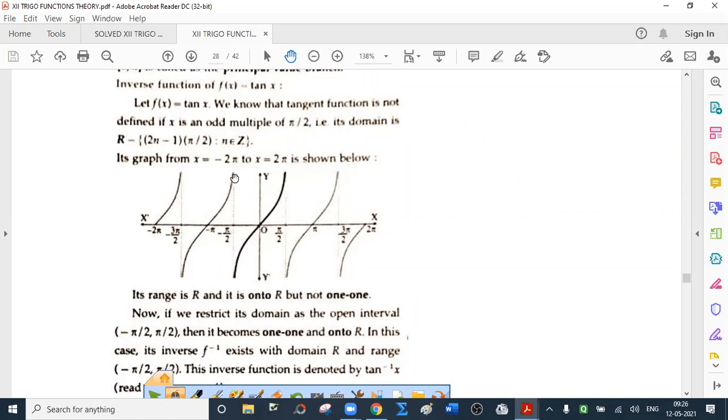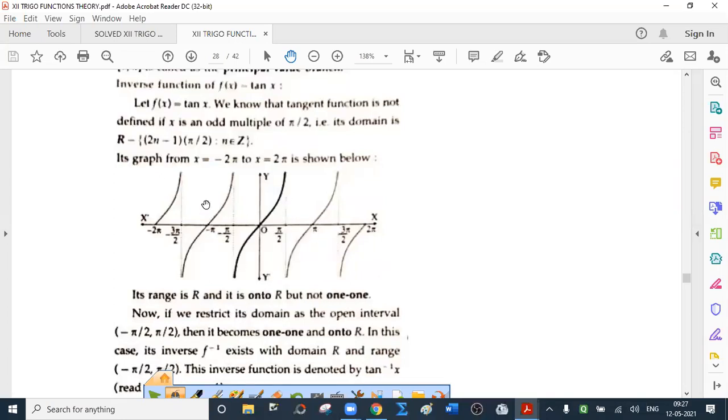The graph does not intersect the lines x equal to pi by 2, x equal to -pi by 2 and so on, because tan pi by 2 is plus infinity, which means not defined. Similarly, tan of -pi by 2 is not defined. Its range is R and it is onto R but not one-one. Why? Because there are so many angles whose tangent ratio is the same.